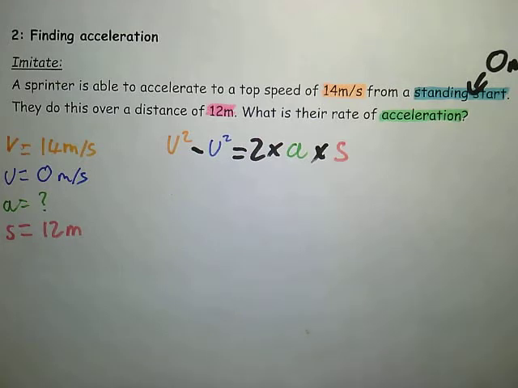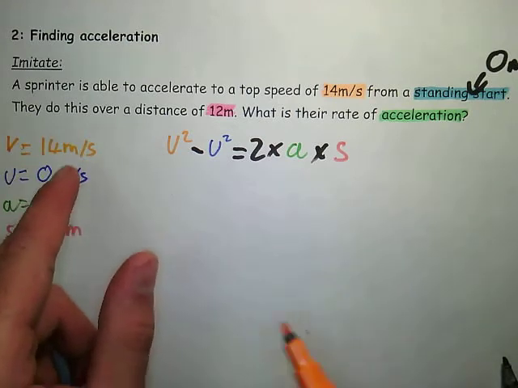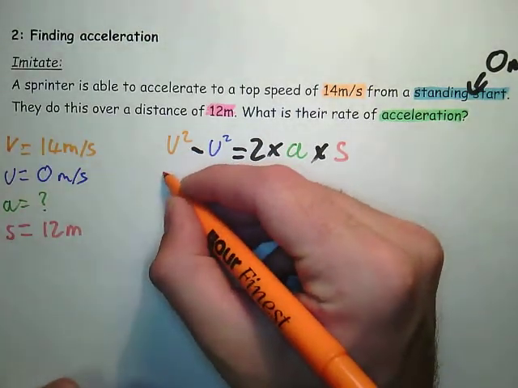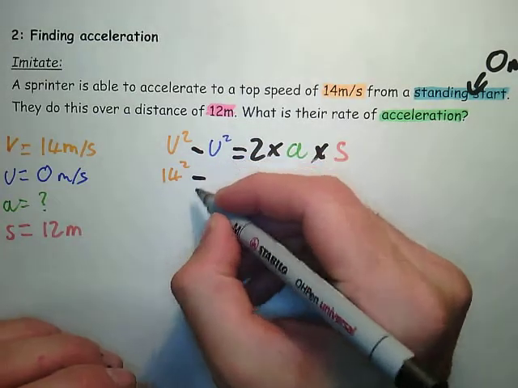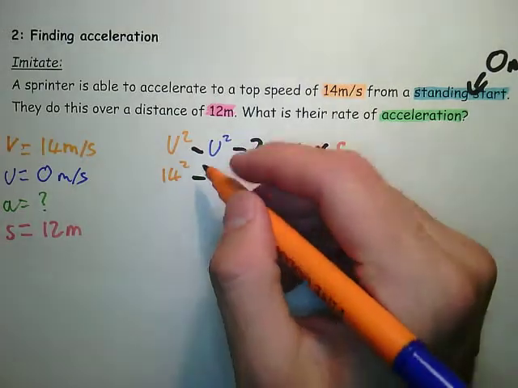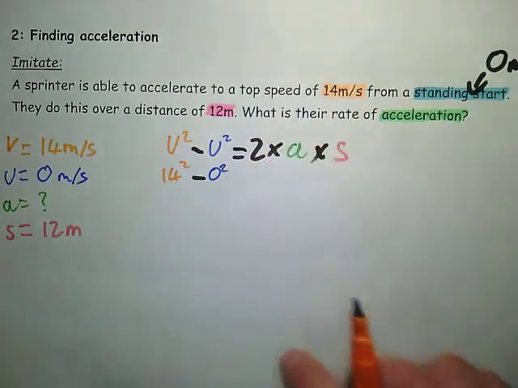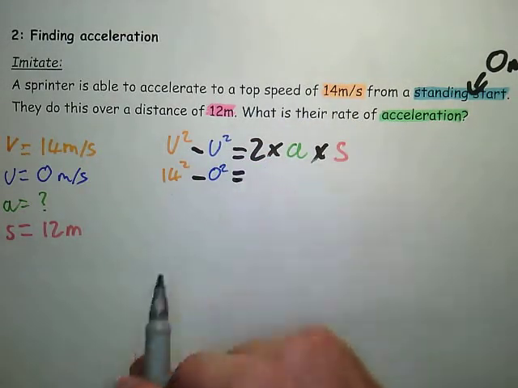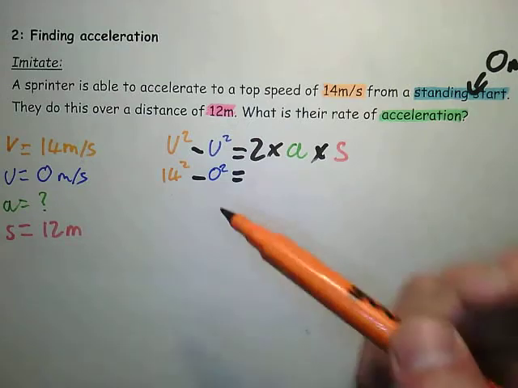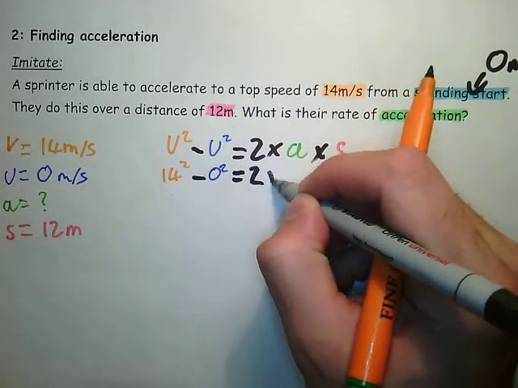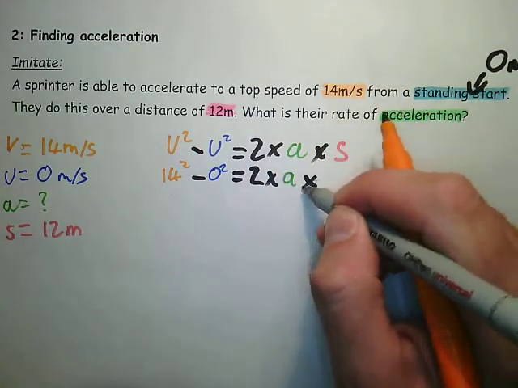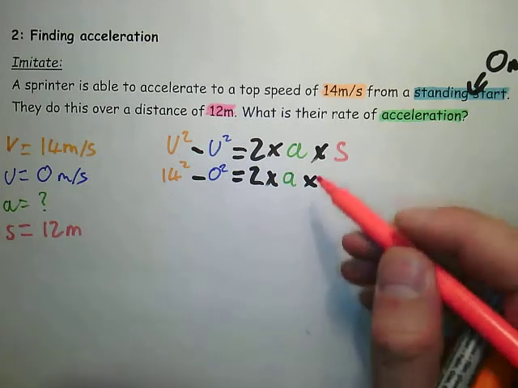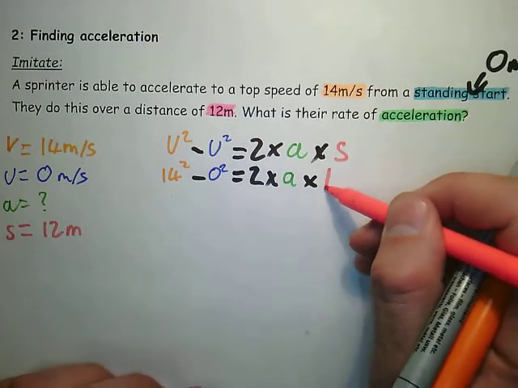We've written out the symbol equation, and we fill in the values underneath, using what we've got listed down the side. So v squared is 14 squared, minus u squared, which is 0 squared, equals 2 times a, which we don't know yet, times s, which we know is 12 meters.